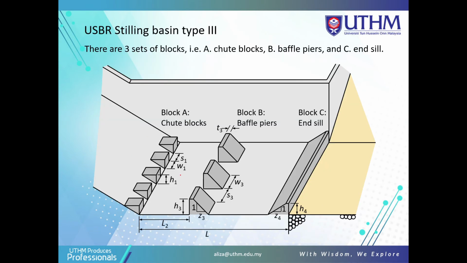Block A is called chute blocks, block B is called the baffle piers, and block C is the end sill.